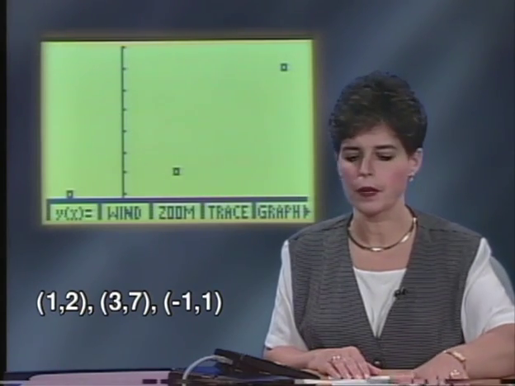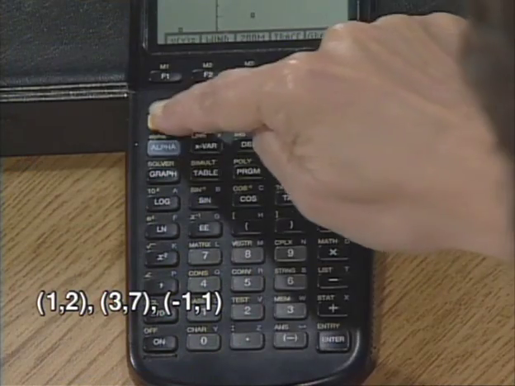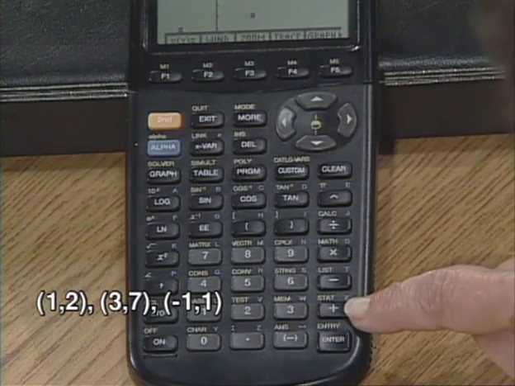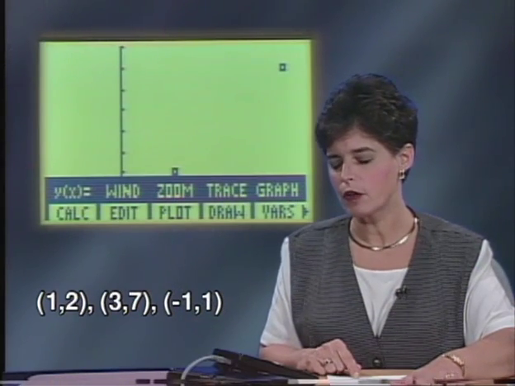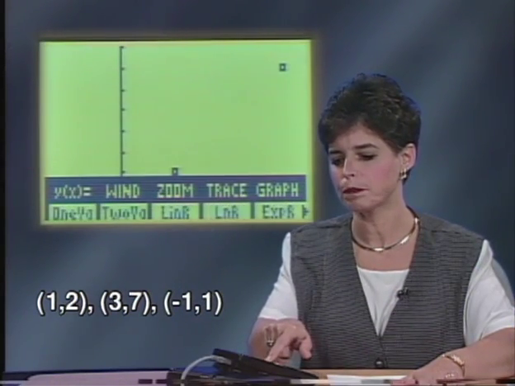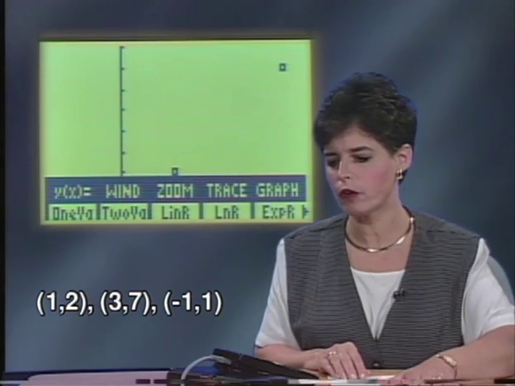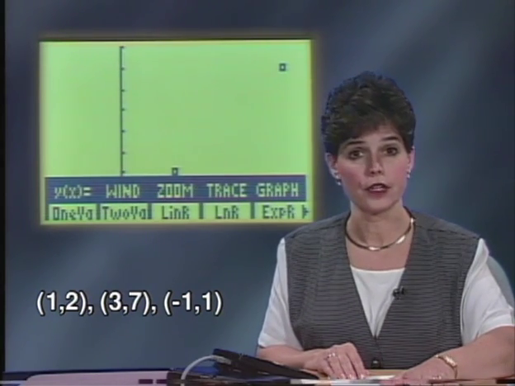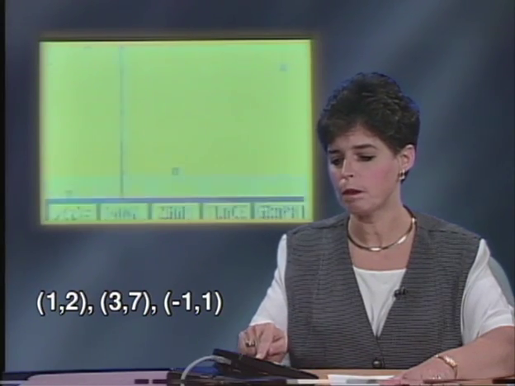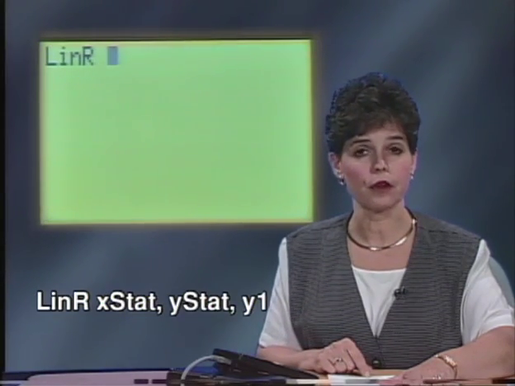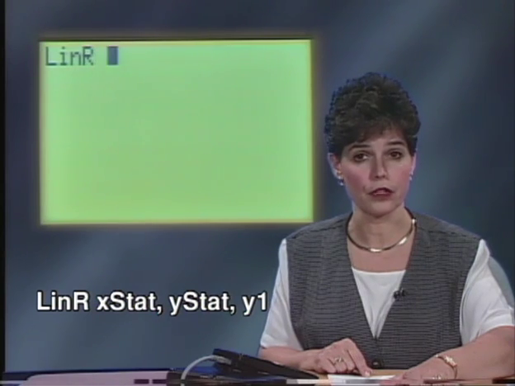So let's go back to the Stat menu, second, Stat, over here up above the plus. I'm going to go to Calc this time with F1. I'm going to go to LINR to get the linear regression equation. That's F3. Now don't press enter because we have some other things to put on the screen.